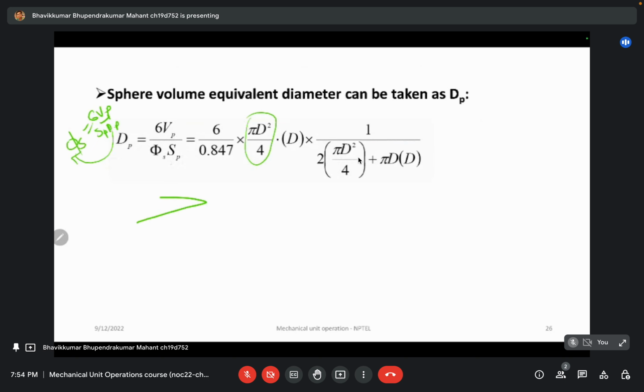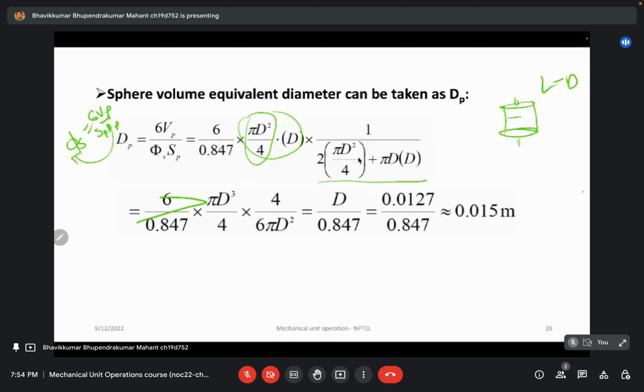You have to find the volume as well as the surface parameter. So this is a cylinder, so 2 times pi d square by 4 and pi d into L, which is equal to d, so pi d square, and then you will get the value of dp. After just solving this equation, you can directly understand.